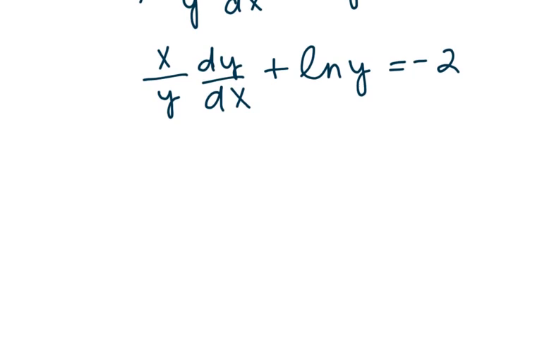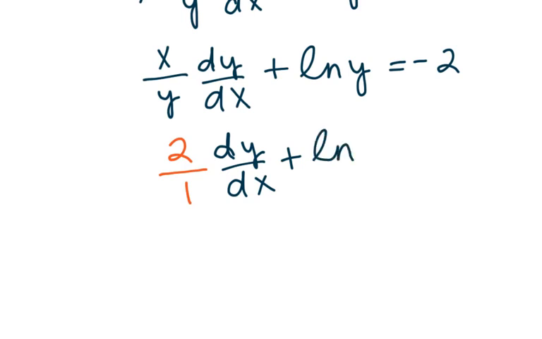So I know x is 2 and y is 1, and everything else stays the same. But I have ln of y, which is ln of 1, is equal to negative 2. We could solve for this first, but it's much easier if you just plug the numbers in right away. So what does this give me?